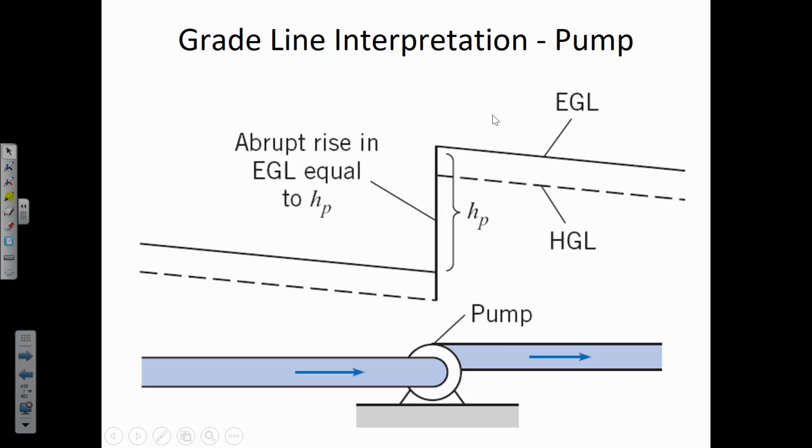So that means that the only way a pump can add energy is by increasing the pressure. And so what this is showing is we've got the EGL on top, the HGL below. There's a sudden increase, and then it's gradually getting lower and lower again because of the effect of pipe friction.